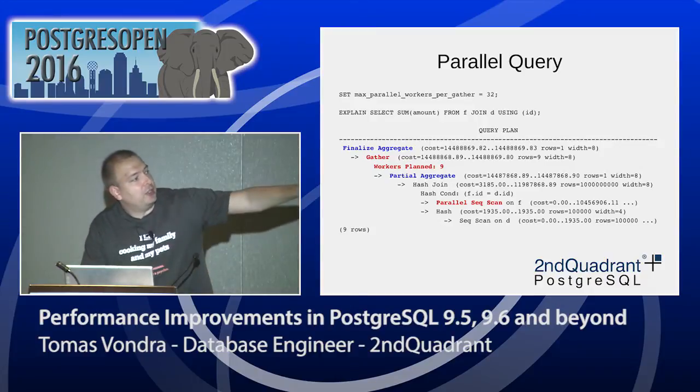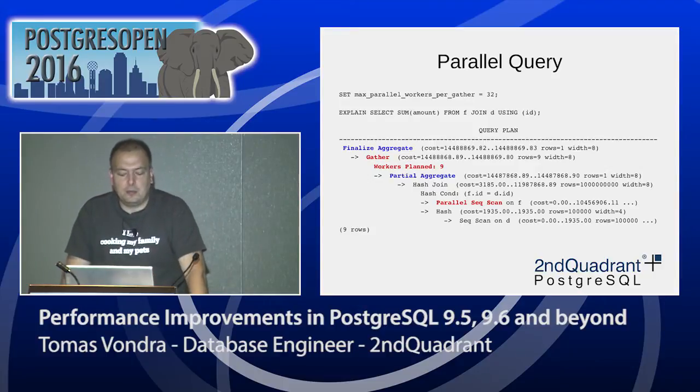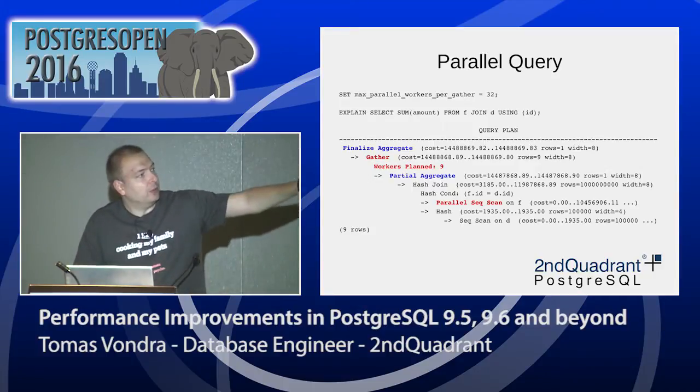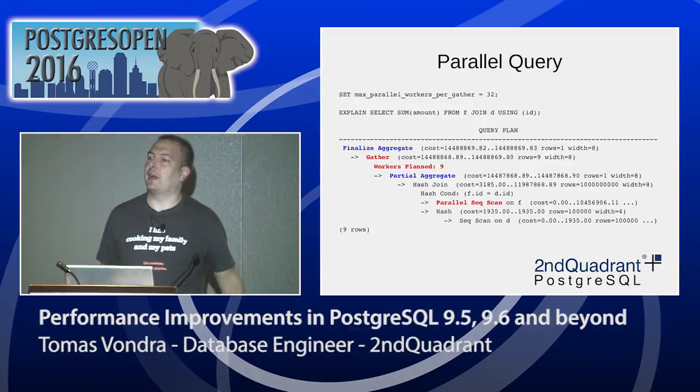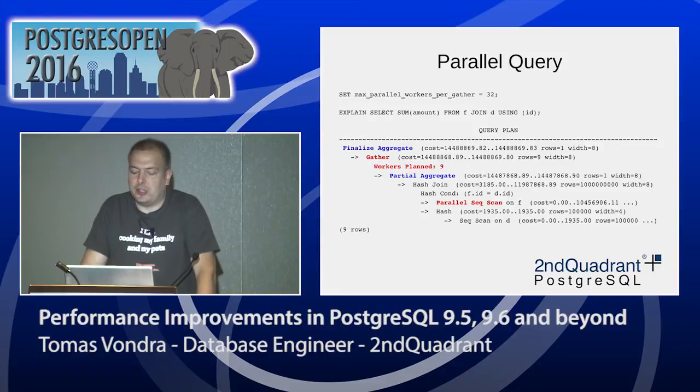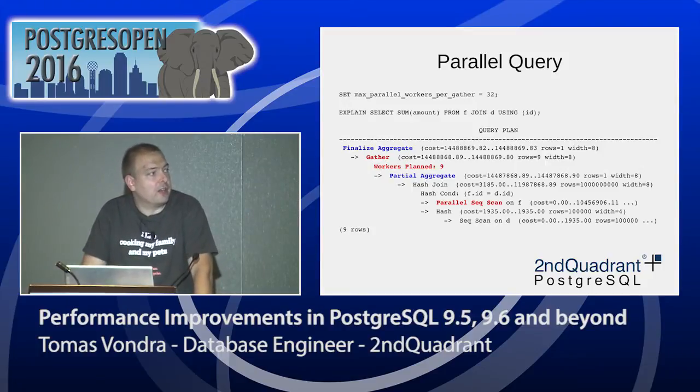But the database decided to use partial aggregate, which is a parallel aggregation, and it also decided to then do finalize aggregate, which collects the pre-aggregated data from the worker processes, and produces the final result, right? You can also see that it decided to use 9 workers. I mean, there is workers planned set to 9. It depends really on the size of the table, up to the database, right?